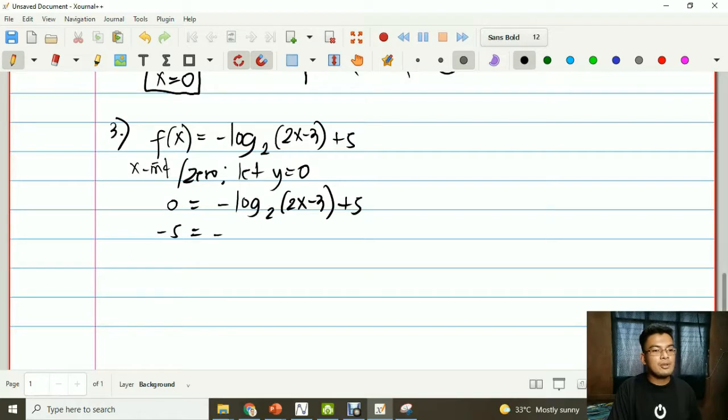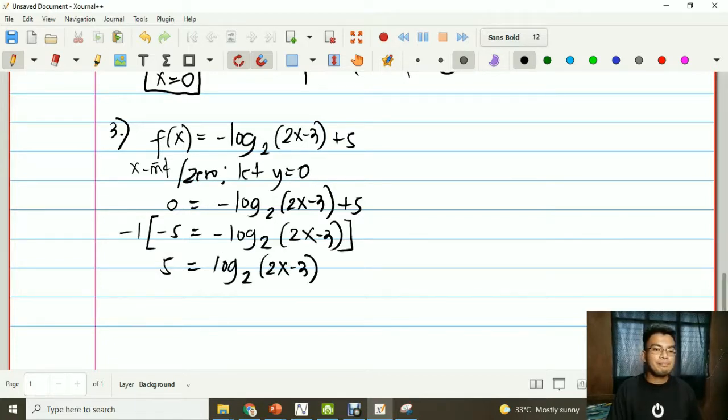Negative 5 is equal to negative log base 2 of 2x minus 3. Since both are negative, to remove the negative, we multiply all sides by negative 1. Negative 1 times negative 5 is positive 5. Negative 1 times negative log base 2 of 2x minus 3 is positive log base 2 of 2x minus 3.